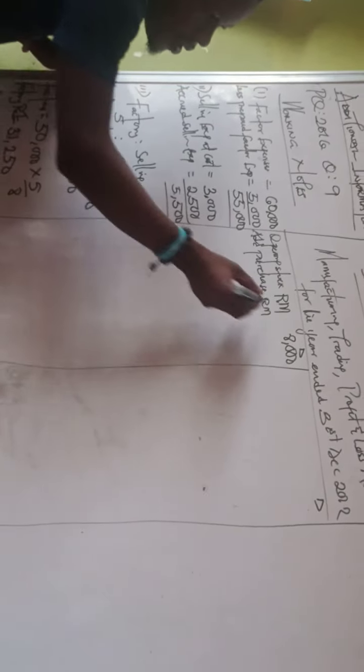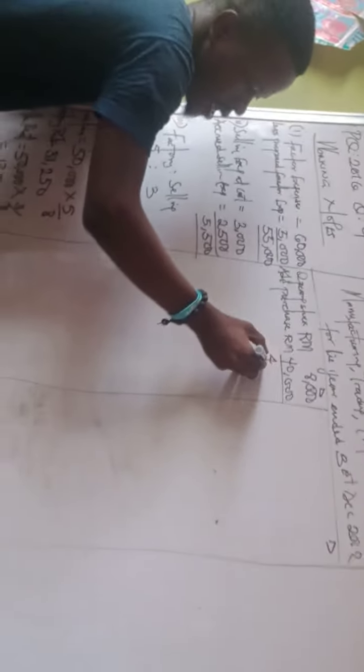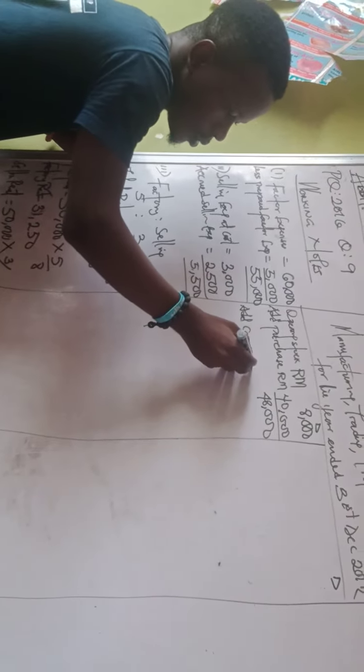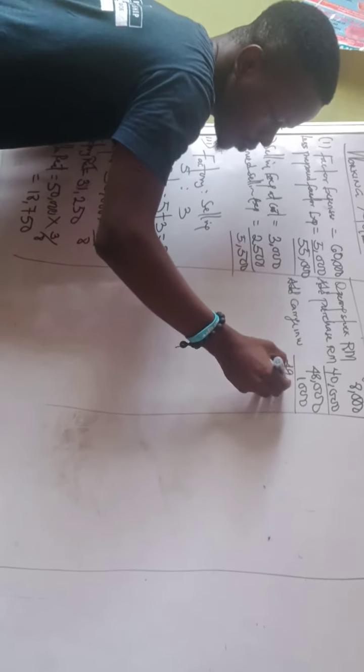That's 40,000, so that's 48,000. Is there any carriage inward? Yes. So add carriage inward, that is 1,000. That was 49,000.